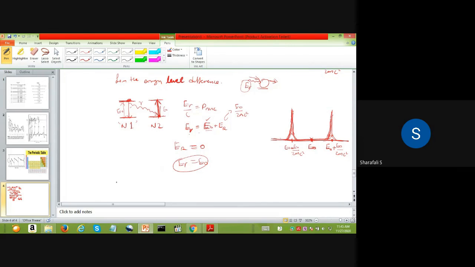Let's say there are a number of nuclei. If the nuclei are embedded in a crystal lattice, then the recoiling effect can be quantized.